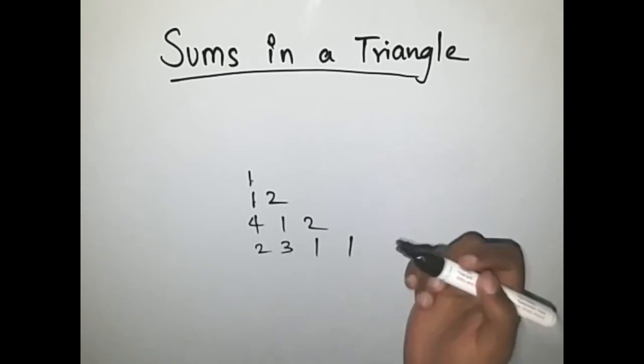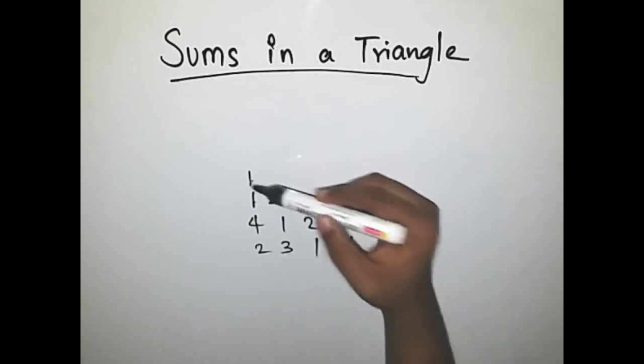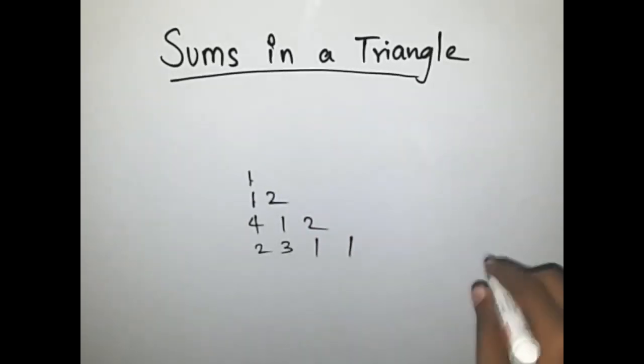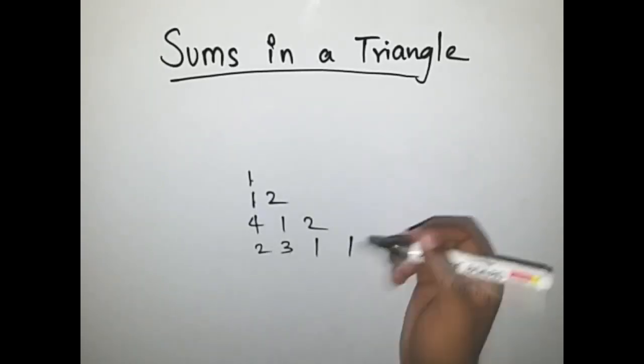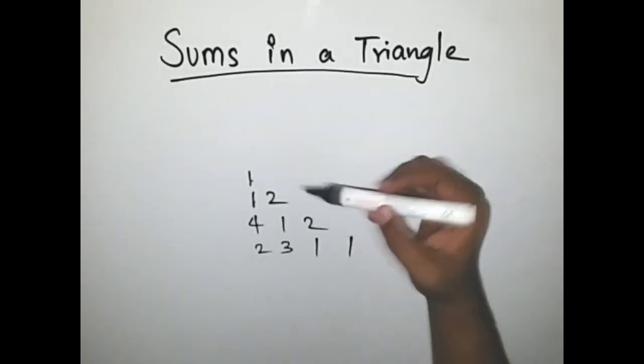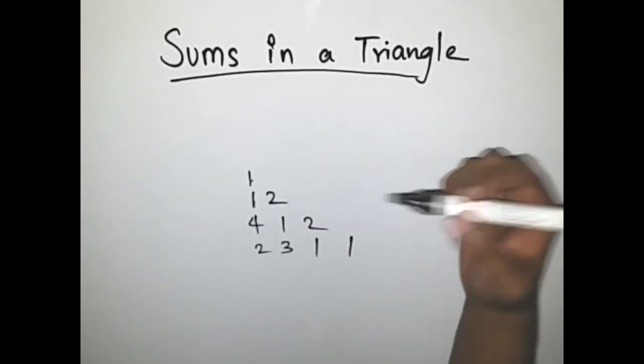You guys might think that we could start from this 1 and then take whichever is the greatest number in the next row. But that is the greedy approach, and it doesn't work here. If you start from here and look at the next row, the greatest number is 2.